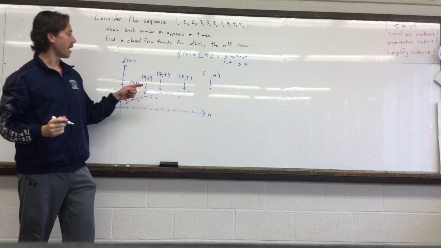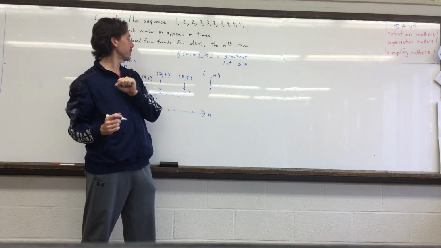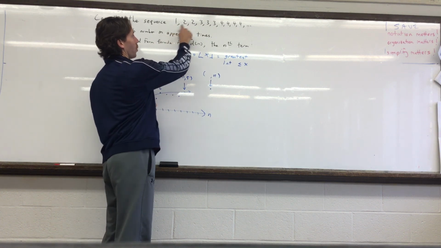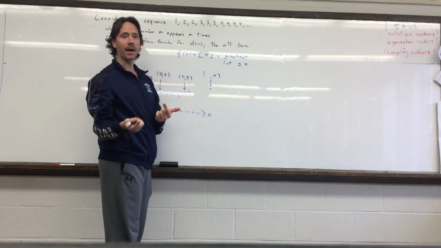So now I'm thinking, the first time that I get to the number n in this sequence, how many terms have already passed by? Well, there's going to be one 1, two 2s, three 3s, four 4s, up to n minus 1 copies of n minus 1.